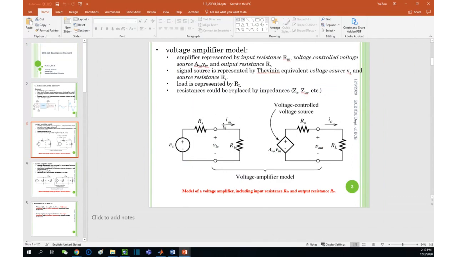We are seeing an input voltage divider and an output voltage divider. This is a very, very important concept. This is the first time we touch it. Since then, we have talked about it several times, for MOSFET and now BJT.